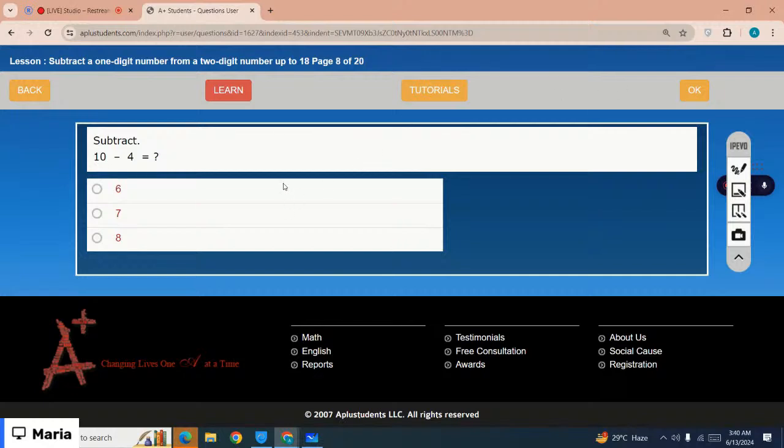It is option number 1 that is correct. 10 take away 4 is 6.